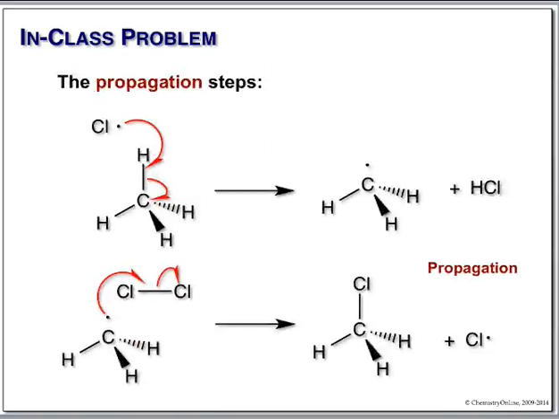Chlorine radical pulls off a hydrogen to give the methyl radical. This then reacts with another mole of chlorine, splits our bond, we form the chlorine radical and chloromethane as our product.